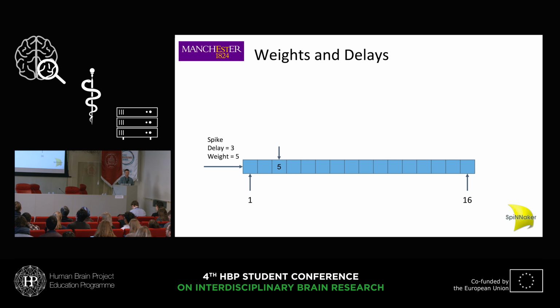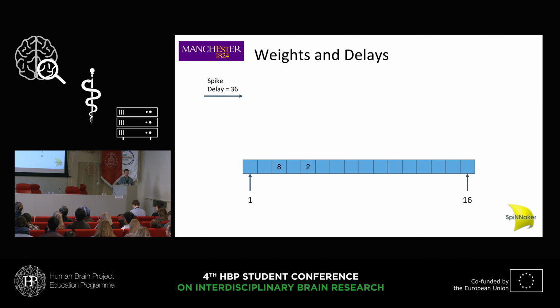So if we receive a weight with a delay of 3, we put it in the third slot along in this buffer. And if we receive one with a delay of 5, we put it in this slot along the buffer. Now, if we receive a second weight with the same delay, we have to add it on. So we add it into the slot. And we can do this because our synapses are modeled using linear models, so we're able to just add on the weights as they occur.